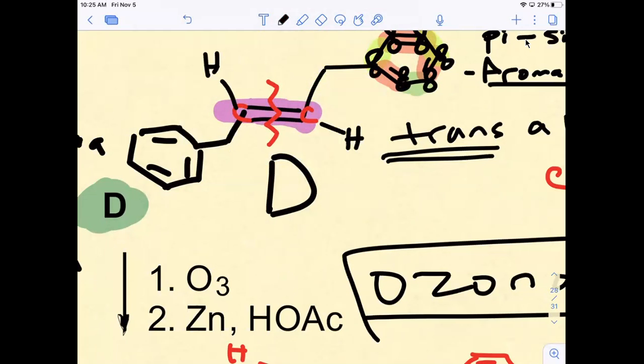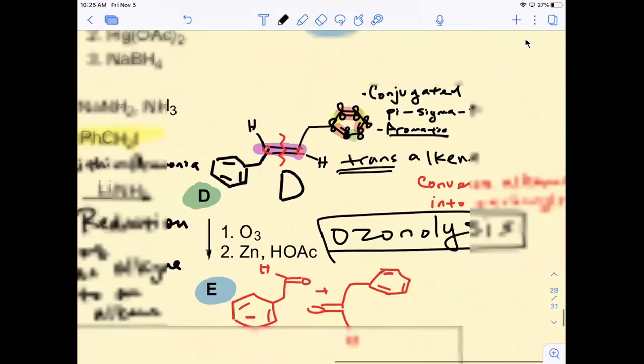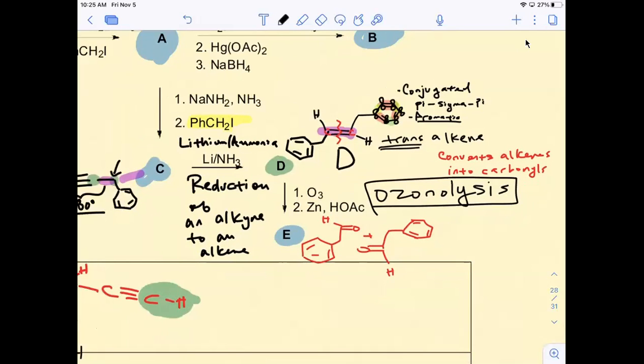So it's just looking at what's attached to the carbon. That's how you tell the difference between an aldehyde and a ketone, right? You have a hydrogen on one side and a carbon or alkyl group on the other side, it's an aldehyde. Got two alkyl groups on either side of a carbonyl, then it's a ketone.